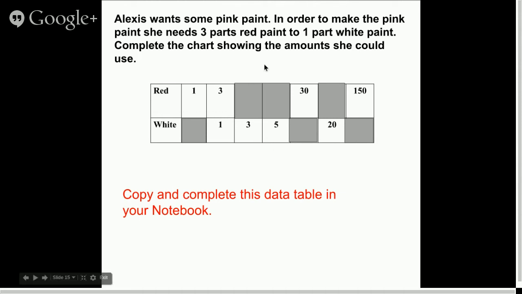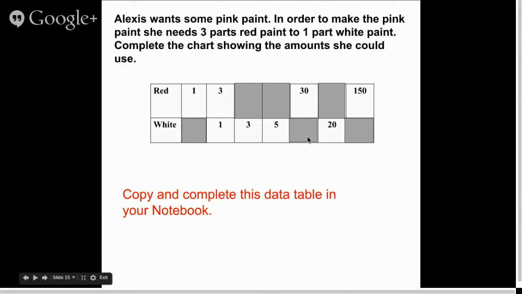All right. 3 parts red paint to 1 part white paint. So if there's only 1 red, you need 1/3 of white. Okay, this number needs to be 3 times bigger than this one, so 9 and 15.